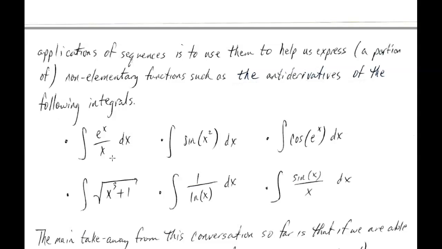Okay, so I'll go ahead and let the cat out of the bag here. Our goal is to eventually use sequences so that we can rewrite these functions that you see here, like e to the x divided by x, or square root of x cubed plus 1. We want to rewrite those things in terms of polynomials.